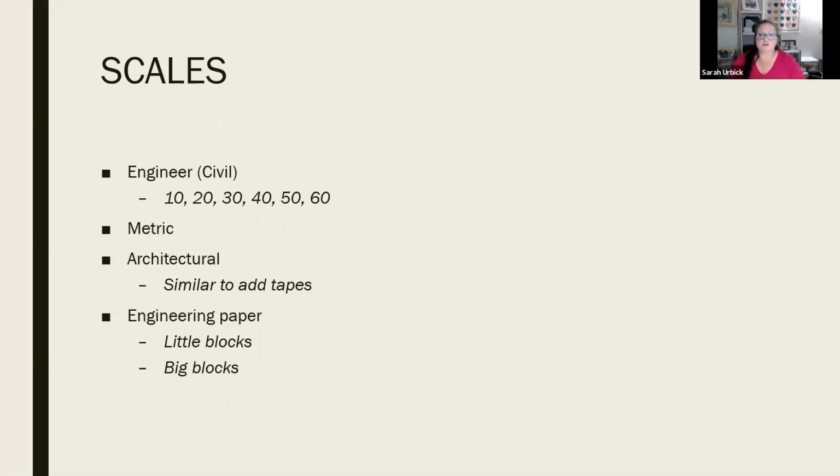So you've got little squares and big squares. Your little squares, there's 5 of them to 1 inch. This paper comes with its own scale because of those bold lines in between, separating every 5 units horizontally and vertically, you get 1-inch squares, and then you get the little parts and pieces.